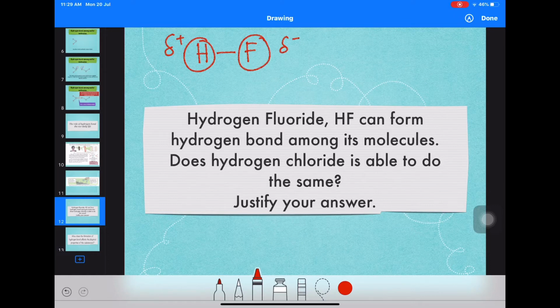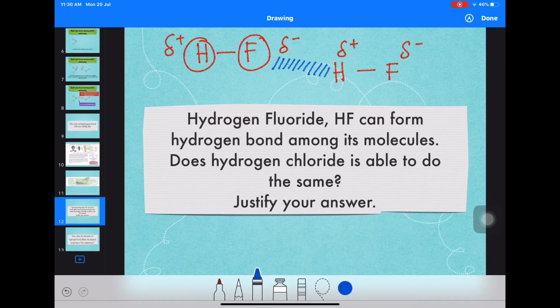When another HF, hydrogen fluoride, comes, this is slightly negative, this one is slightly positive. So a hydrogen bond can form between these two molecules.